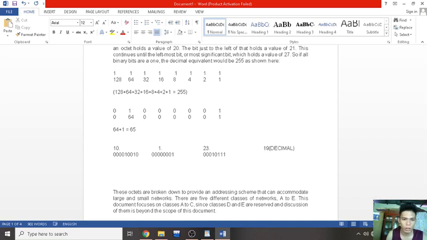The last one is 19. So for 19, we have 16 plus 2 plus 1, so we have 0 0 0 1 0 0 1 1.